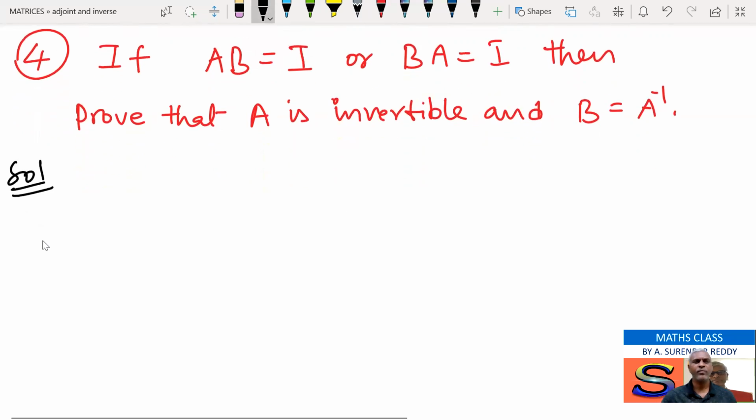We have to prove B is equal to A inverse, or A inverse is equal to B, if AB is equal to I and BA is equal to I.